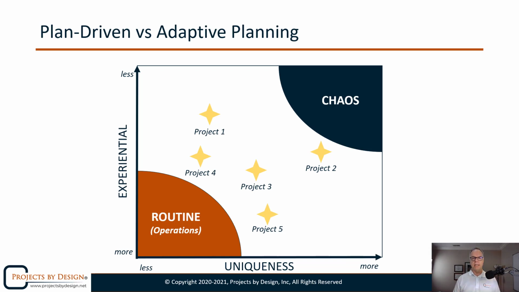By being plan-driven, we're driving the work and the delivery of value in the project by following a plan, versus adapting to priorities as we learn more as we go. It's two different focuses, two different primary means of approach.